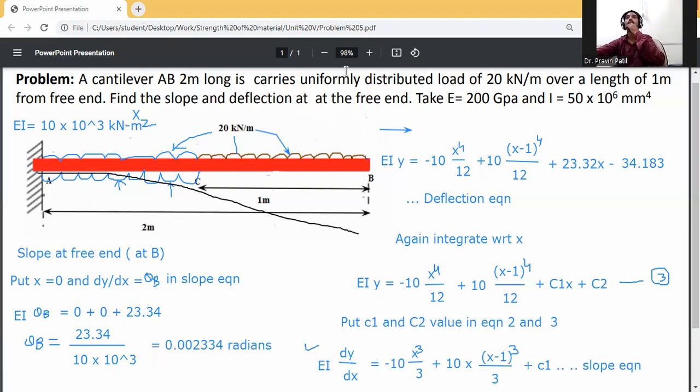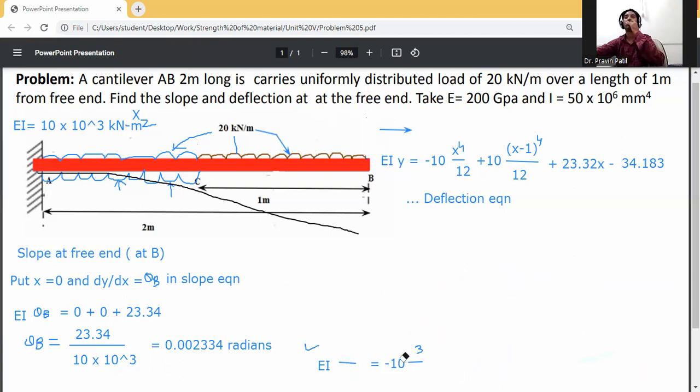Now we need to calculate deflection at B. So we need the deflection equation for that.